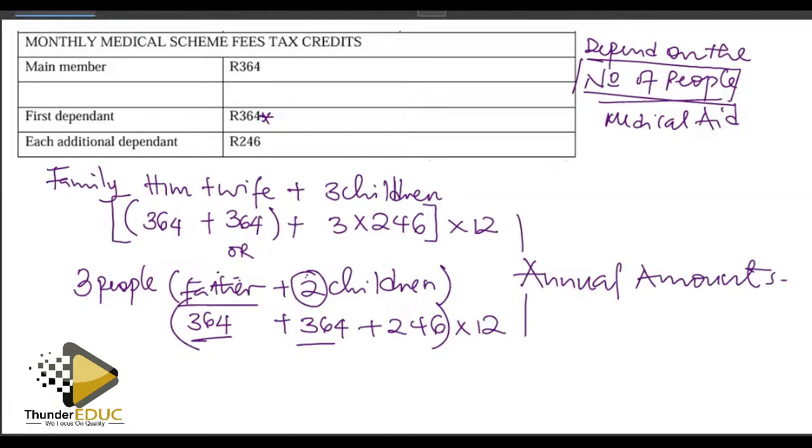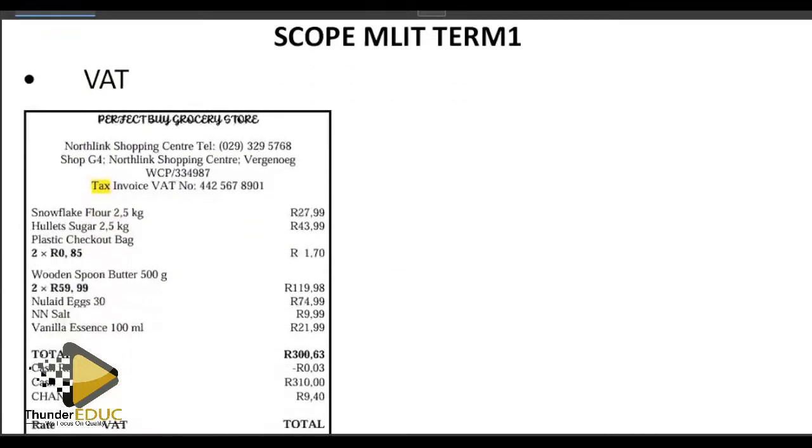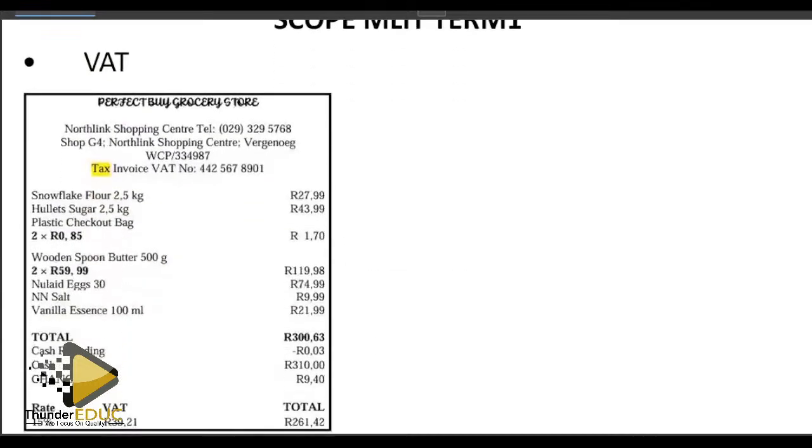Okay, we are continuing and we are looking at another aspect of the scope. Wonderful. We look at what we call VAT. VAT should stand for value added tax. This is tax that is charged on each item that has value being added on. We have some items that don't have VAT.